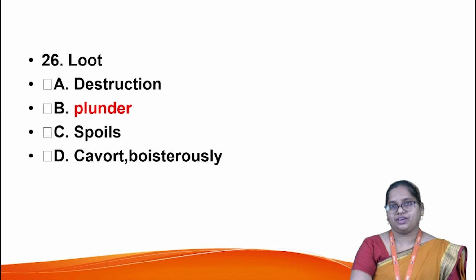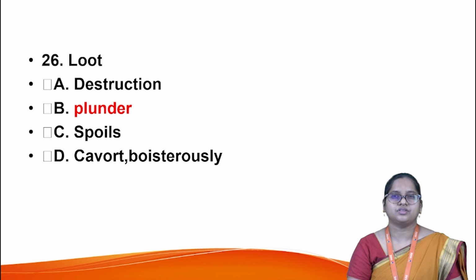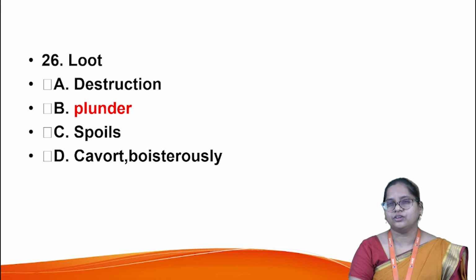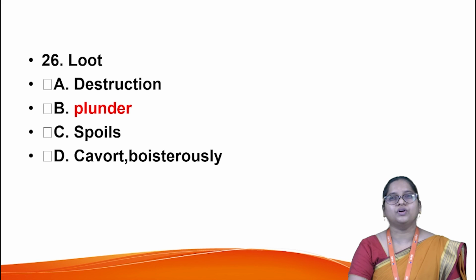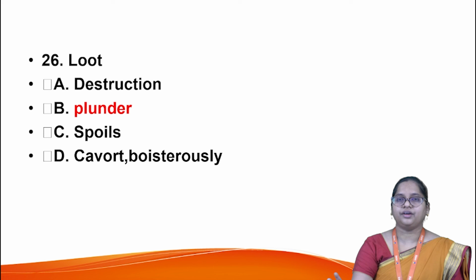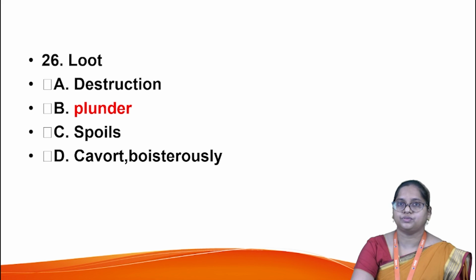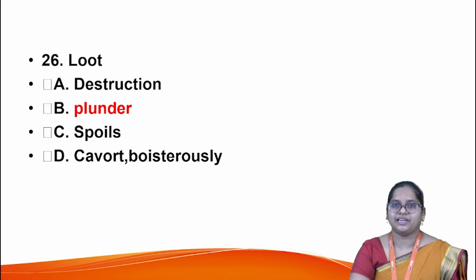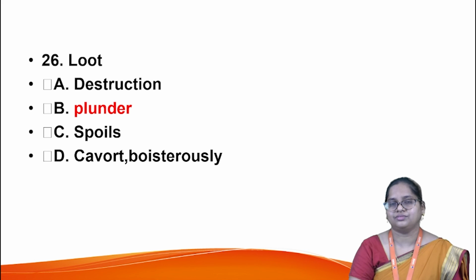Spoils are the remainings of it. Coward here means boisterous, a very playful and cheeky person who is over smart in a negative way, cunning and playful. That is boisterous nature. We say you loot something means you take away, you plunder, you take it as your own. So that's the sense.